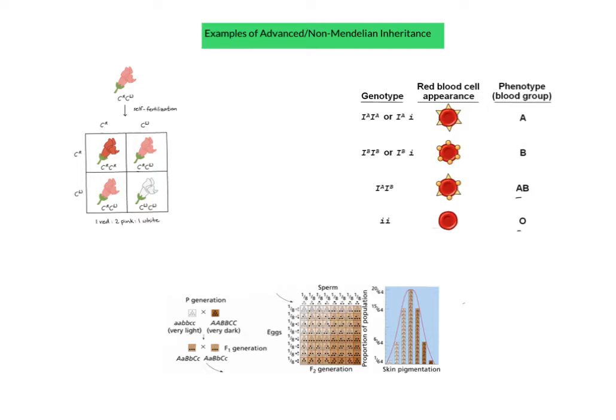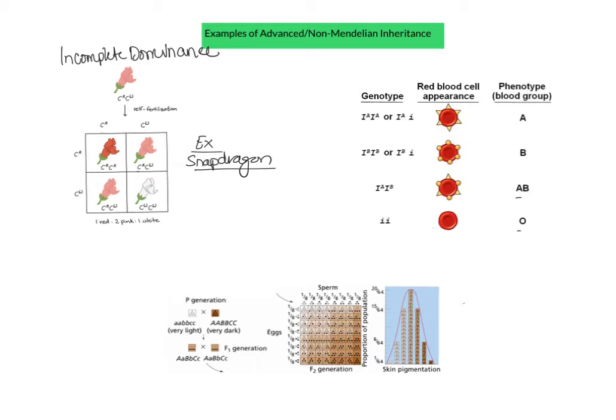So first, an example of a trait that maybe doesn't follow simple Mendelian inheritance would be a trait with incomplete dominance. And the major example here is actually flower color in snapdragon flowers. This is where we primarily think about this idea of incomplete dominance.